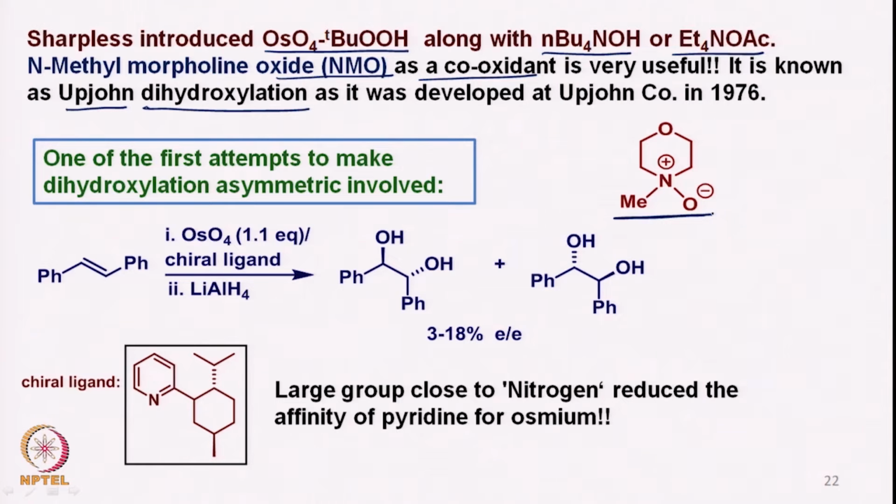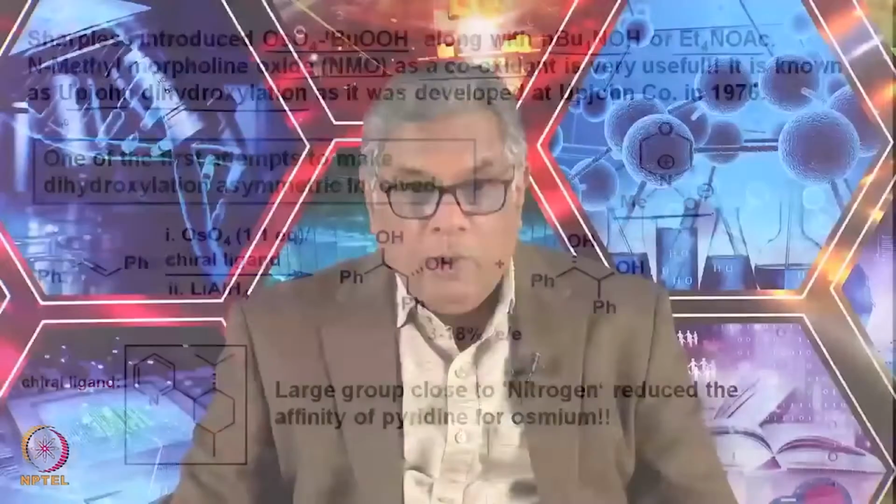And one of the first attempts to make it chiral was then looked at, because now, since osmium tetroxide is not required in a stoichiometric fashion, one can start looking at whether the reaction can be made catalytic and also asymmetric.